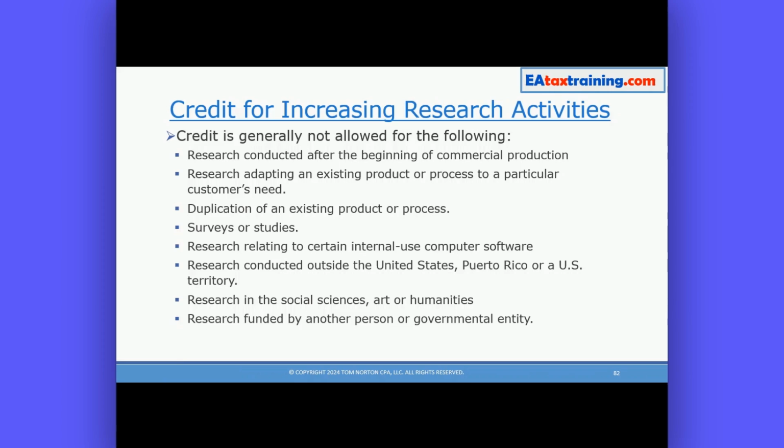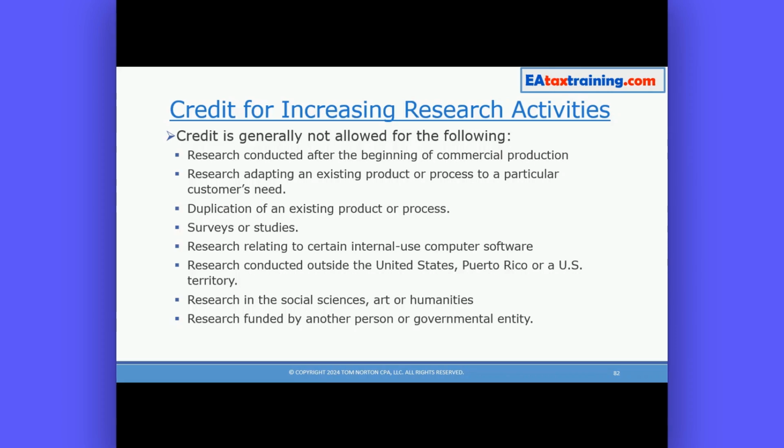Well, that might be a good thing to do, but that is not research as far as this research credit is concerned. You're not actually researching the technology. You're just doing market research to see what technology you might want to develop, but you can't use that market research as part of this credit. Research relating to certain internal use computer software.